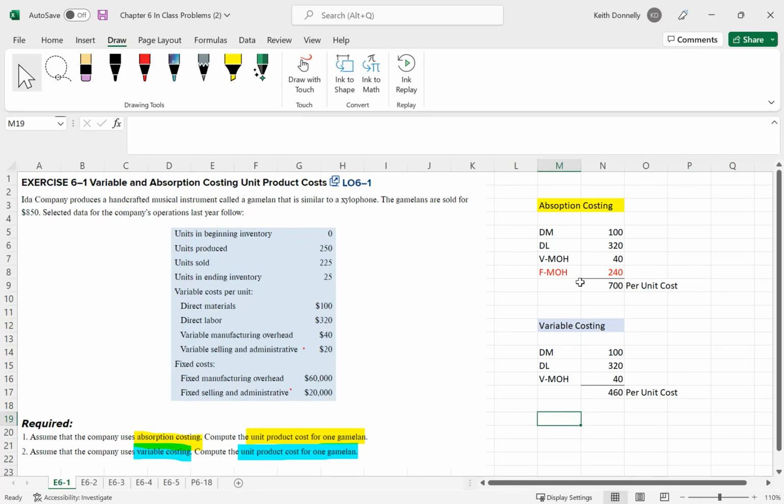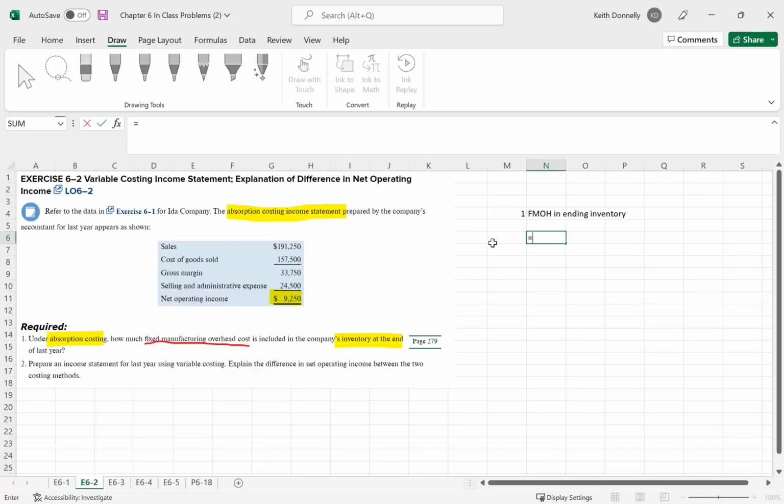So we're going to take this ending inventory, multiply it times this fixed manufacturing overhead, 25 units times $240 per unit. That's what we capitalize. It's an inventoriable cost. We're looking at $6,000.